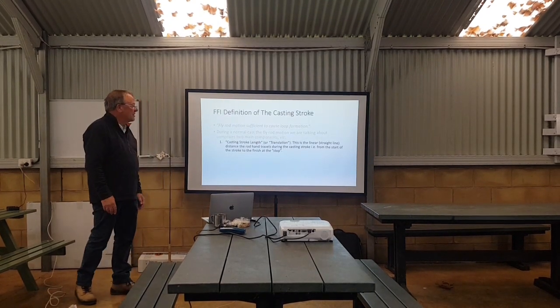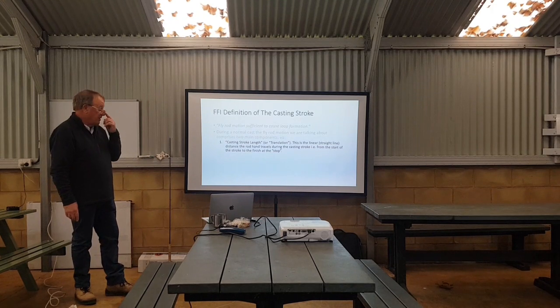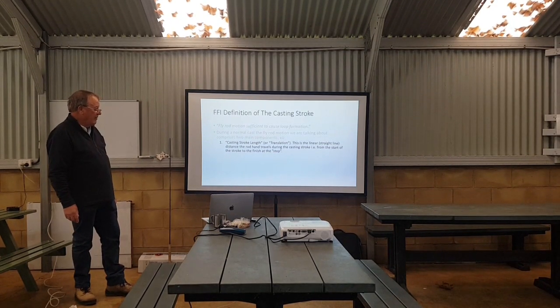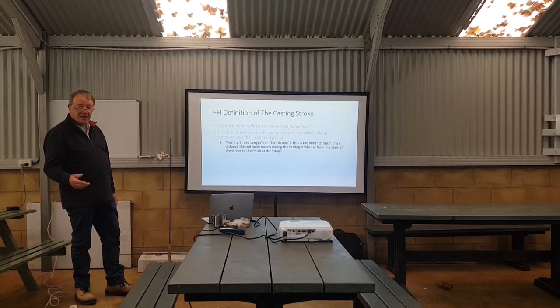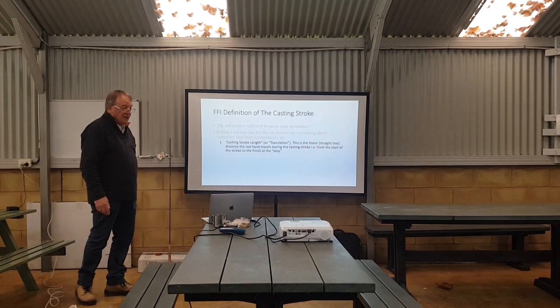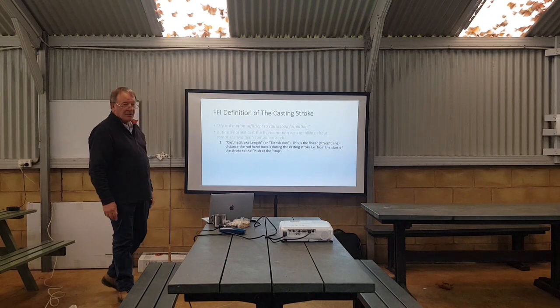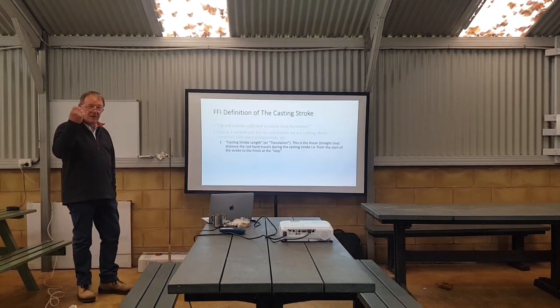The first of those is casting stroke length, sometimes called translation. And this is the distance the rod hand travels during the casting stroke from the start of the stroke to the finish. It's worth noting here that casting stroke length is not related to rotating the rod.